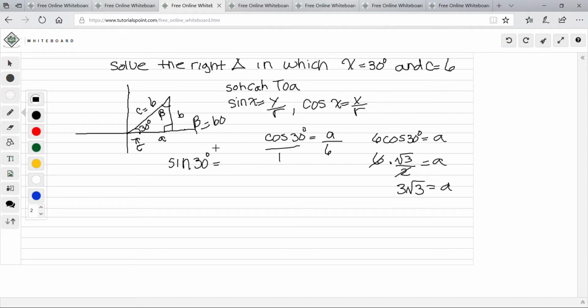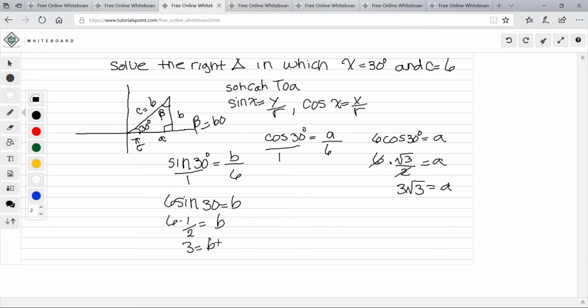We don't know what our y is, our b value, over radius, which is 6. So sine of 30 is 1/2. Oh wait, put a 1 under. Then we cross multiply, so you're left with 6 sine of 30 equals b. So 6 times 1/2 equals b, and then 6 over 2 is 3.